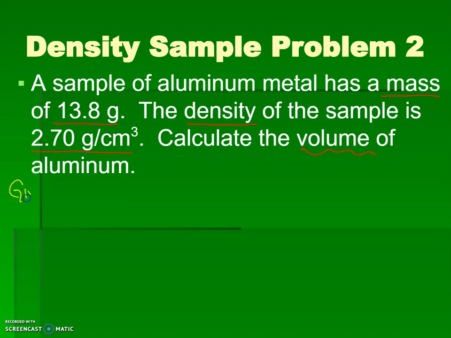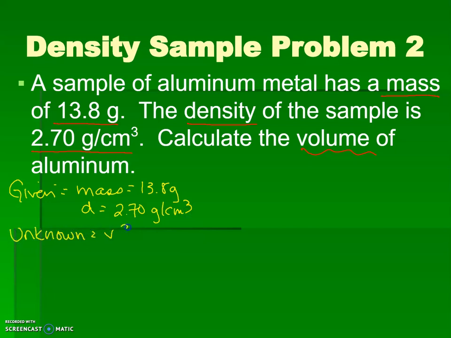So now my given is a mass, again, of 13.8 grams. Density is given 2.70 grams per centimeters cubed. How do I solve for volume? Okay, so my parent equation is still that D equals M over V.